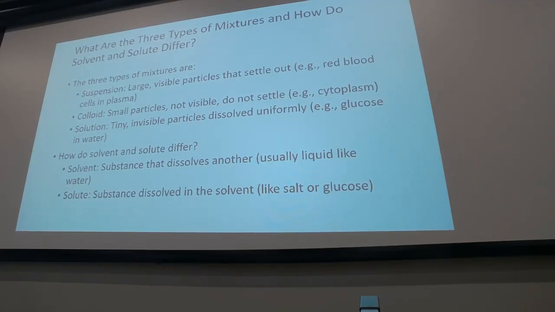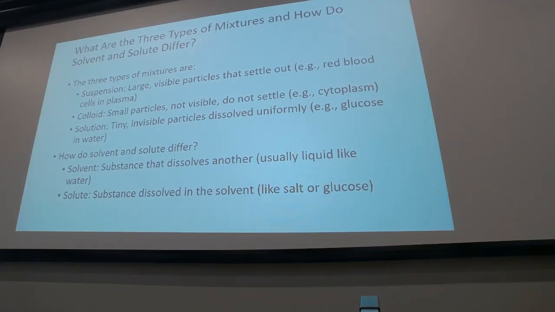So we have three types of mixtures. We have a suspension, in which the molecules are large. We have colloid, in which the particles are small and are not visible, but in the case of suspension, the molecules are visible, so the suspensions are opaque. The colloid sometimes can be opaque, sometimes not, depending on the concentration of these small particles.